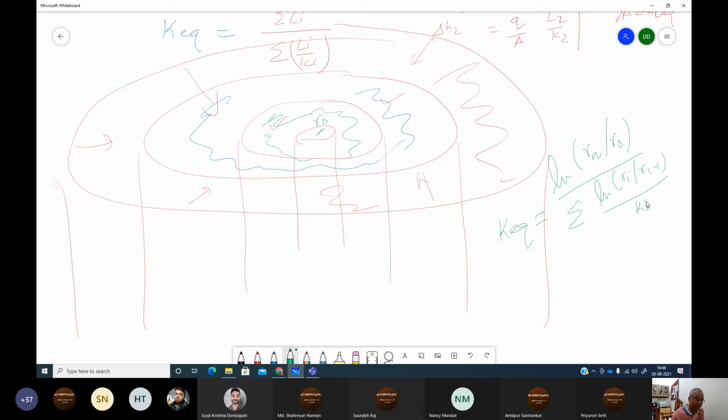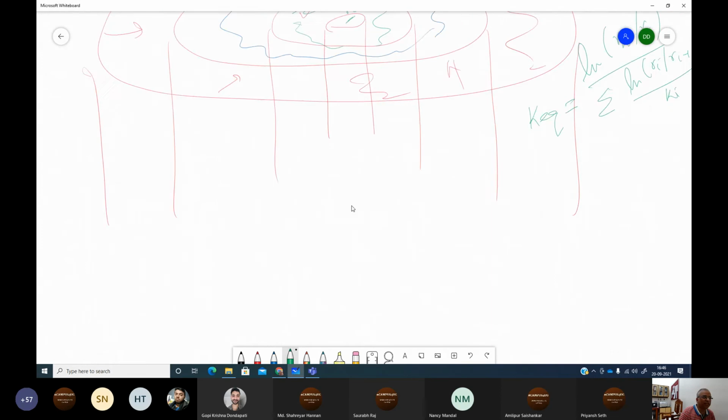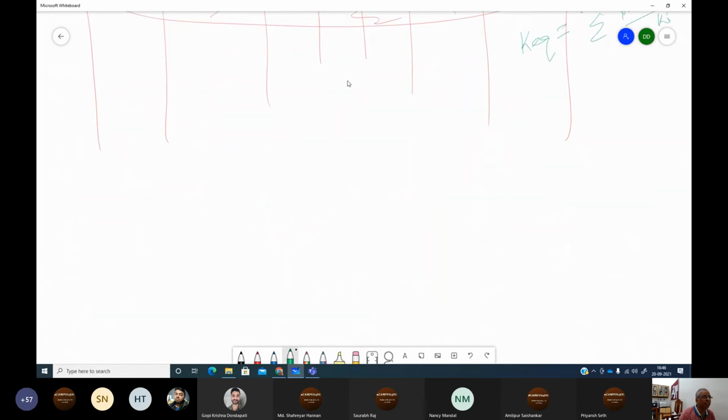It's more or less the same, only the ln is coming in. So this is the K equivalent for radial series. I keep it for you so that you do it at home and do not see the book. First you try whether you can derive it.